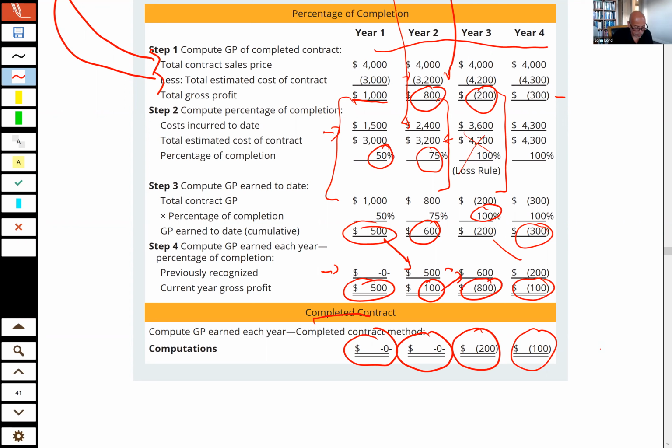Okay, so then year 3, where it gets a little harder to follow. In year 3 now, we sit here and we realize, hey, we're going to lose 200,000 on this thing. And we must take a total loss of 200,000 on this contract. But we've already got stuck in retained earnings, what? 600,000 of profit, don't we? Yeah.